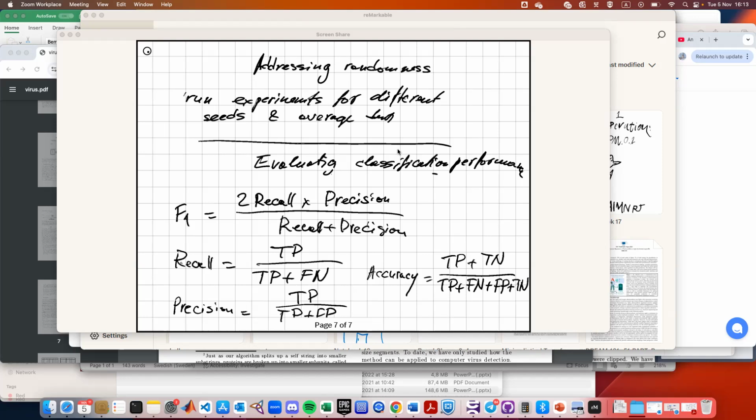So that's good to remember. And this is obviously valid for what? For the case of binary classification, for 2 classes.